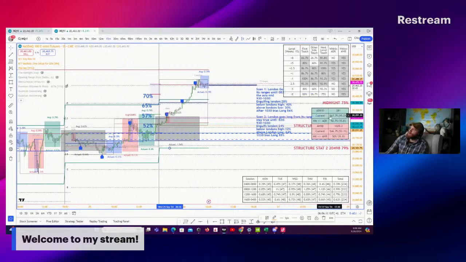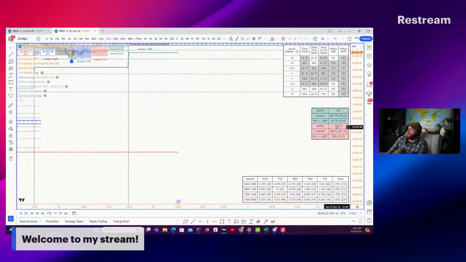The moment I put the VET on for this step, I instantly glance over here. My average 8-week range is 1,029, saying that out of the last 8 weeks, on average, we have moved 1,029 handles in a week. Currently, on Thursday, we've only fulfilled 53% of that, 546 handles.